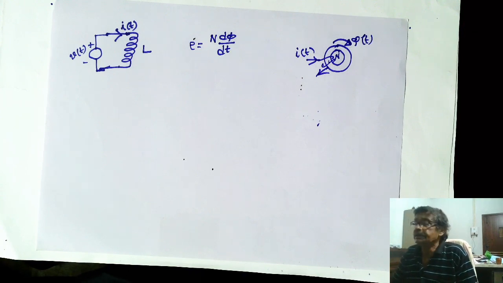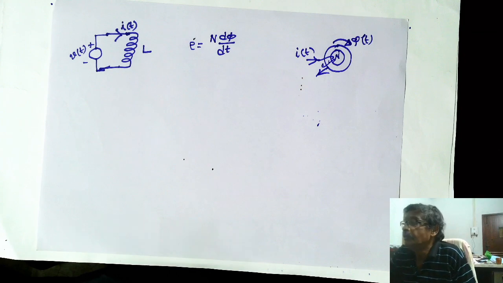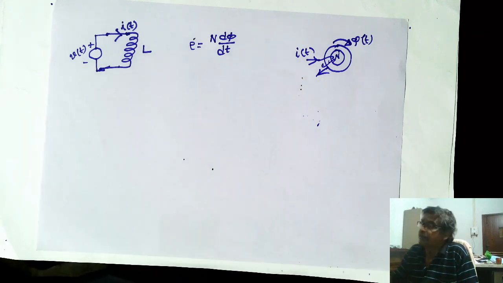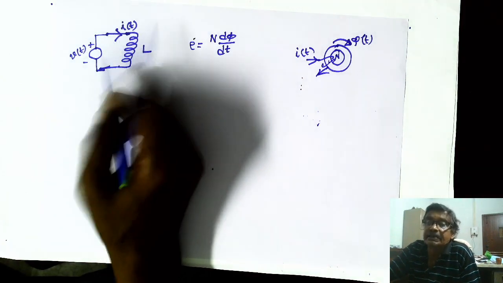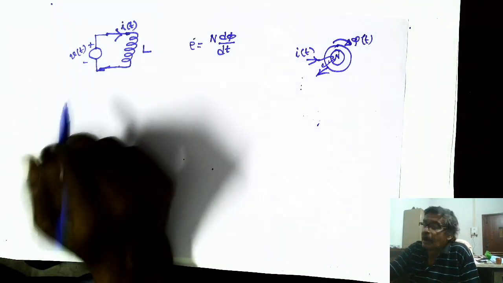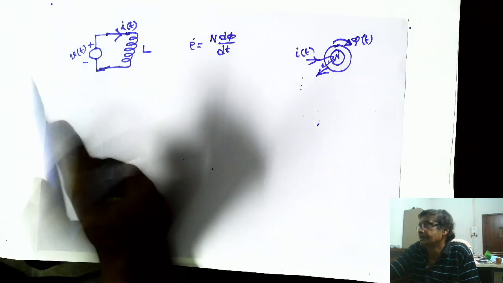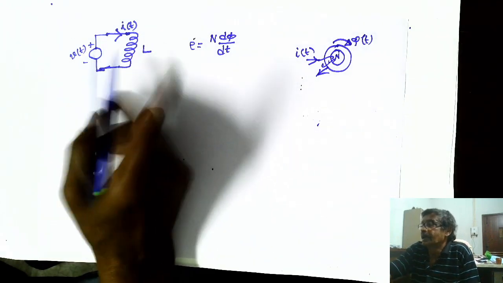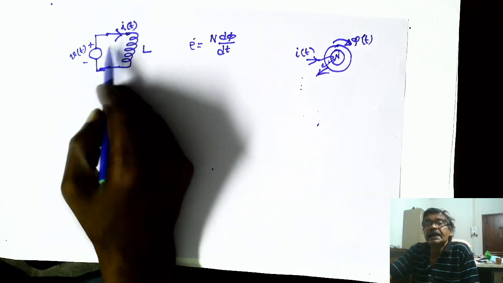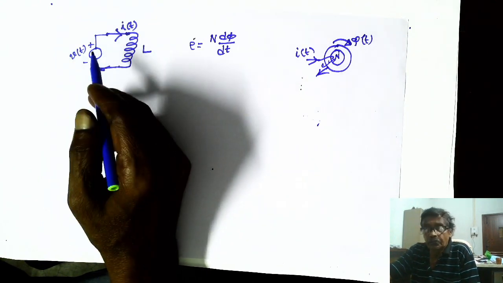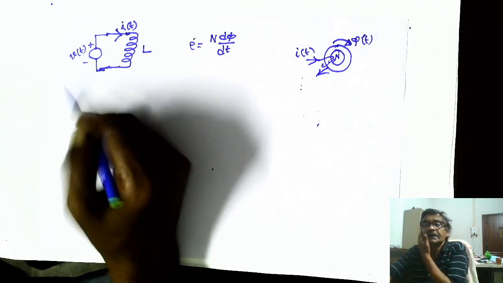oppose the current drawn by the inductor, because suppose current is entering and going positive, and di/dt is suppose positive, please follow my statement, what I am telling. Suppose the current is a positive number here and di/dt is also positive, suppose current is increasing.